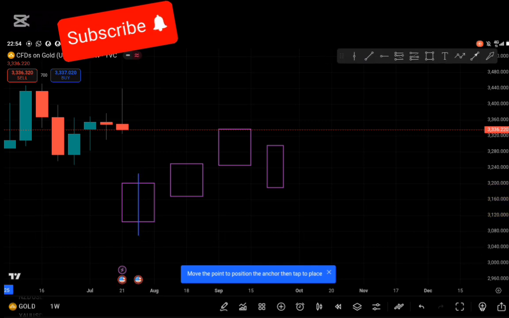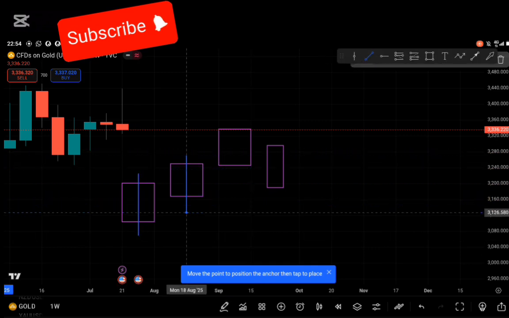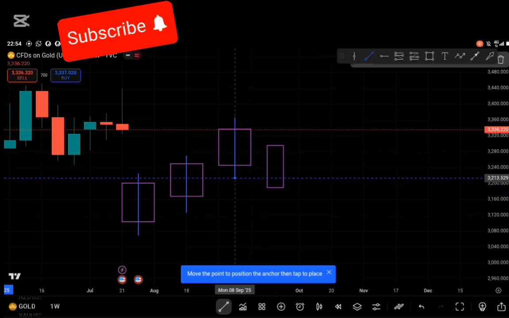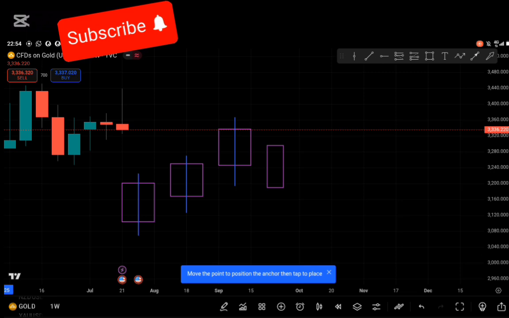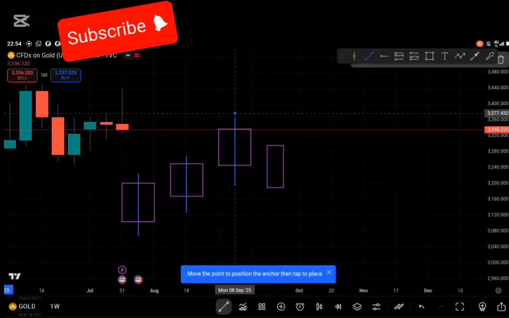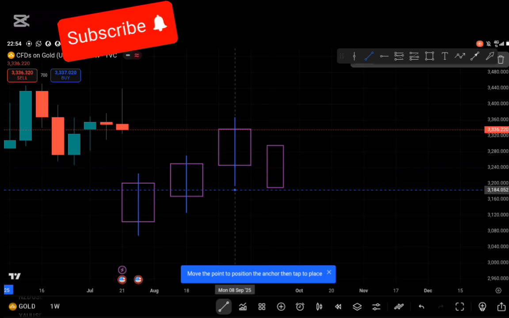It will definitely have wicks on it. Now, this last candle failed to take out this high, but it took out the low and the wick.